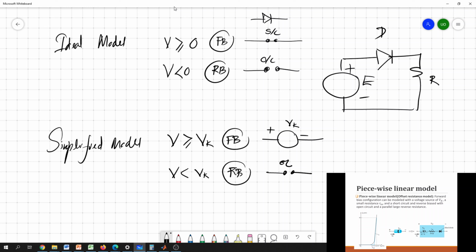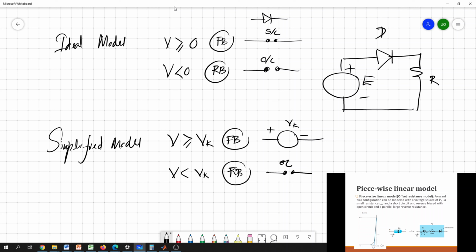The circuit you obtain after simplification is just the sources and the resistors only.